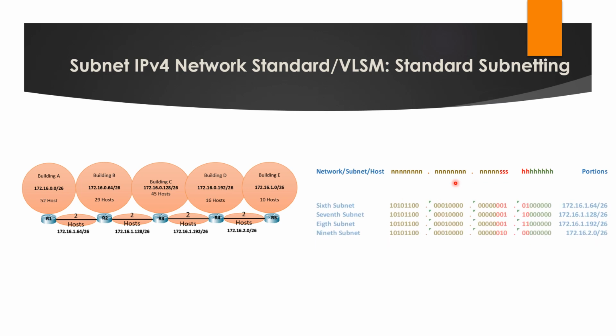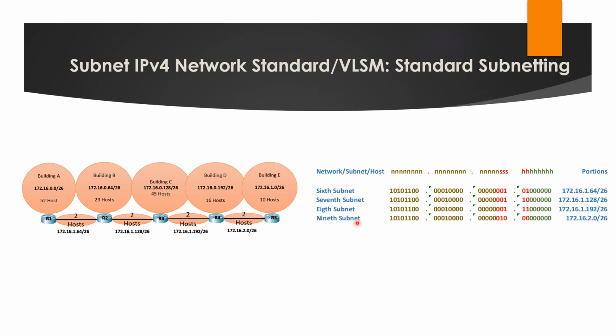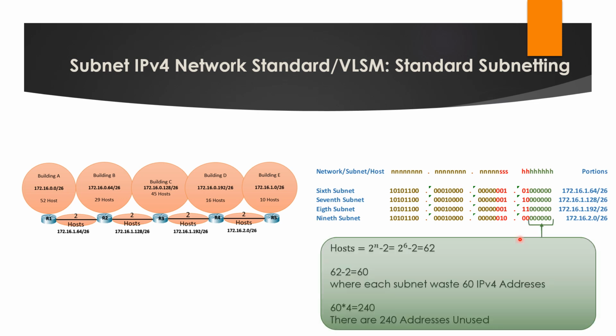Let's have the 4 subnets for the site-to-site connection as it is shown here, and you can see that we will be able to connect 62 hosts for each subnet, but we will need only 2 IPv4 addresses for the host, for the gateway of router 1 and the gateway of router 2 for each interface.